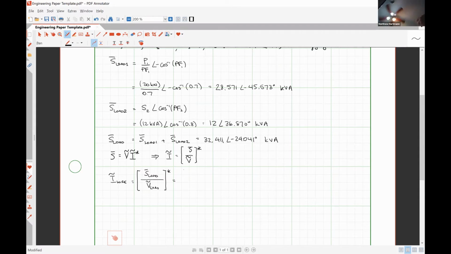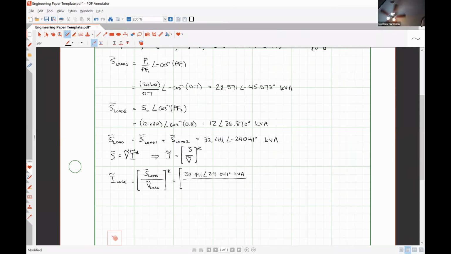So for us, that's going to look like 32.411 angle positive 24.041 degrees kVA, where I'm using the positive angle because I'm taking the complex conjugate of the numerator.